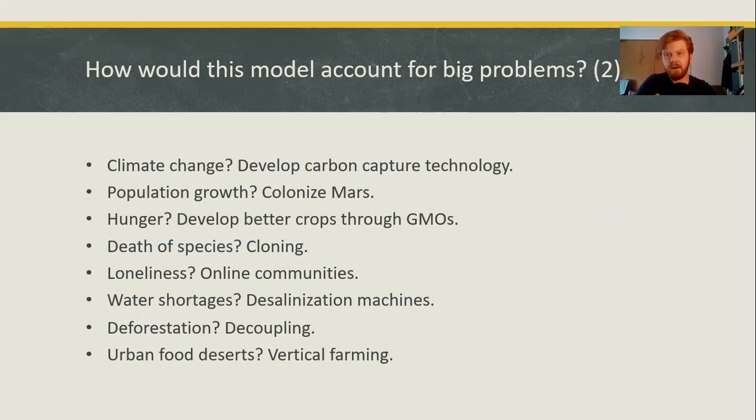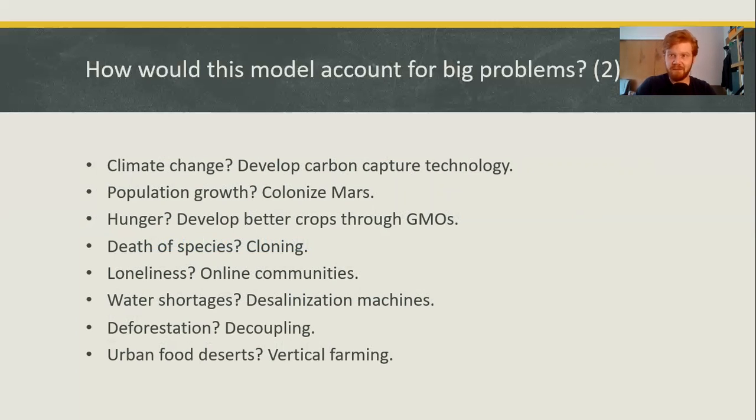We don't have to remain on Earth. We can go to Mars. We can go to Alpha Centauri. Wherever it is that we want to go, we have the ability, right? What about human hunger? Well, we can develop better crops through genetically modified organisms. We're already doing it. We've been modifying organisms for a long time. Why don't we just do it better? What about loneliness?